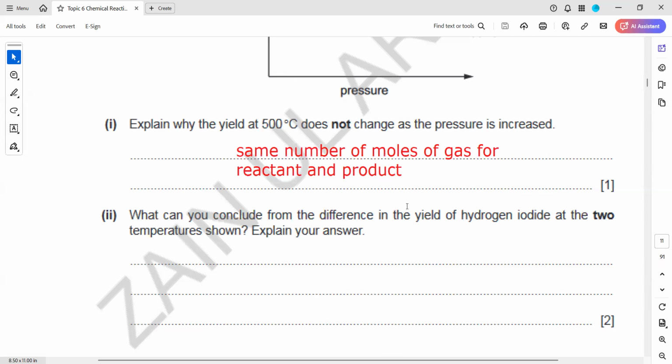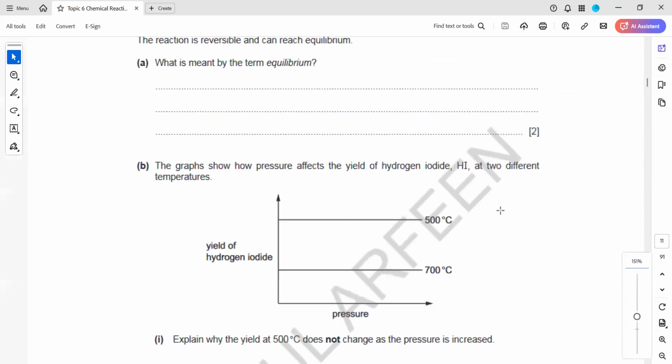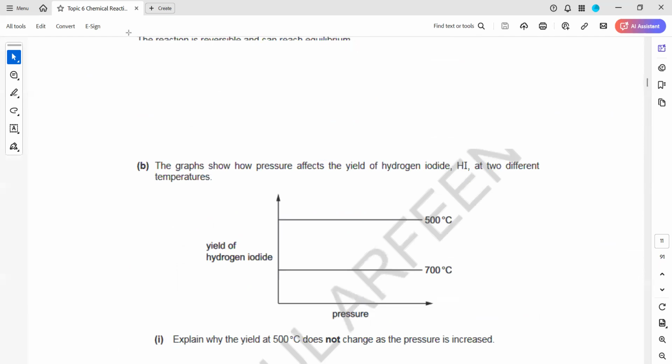What can you conclude from the difference in the yield? Yield means amount of product, here hydrogen iodide, at two different temperatures. Just recall one thing about the effect of temperature on the reversible reaction.